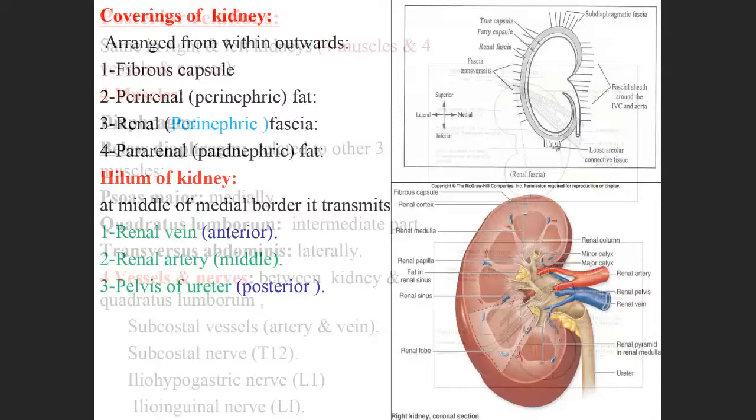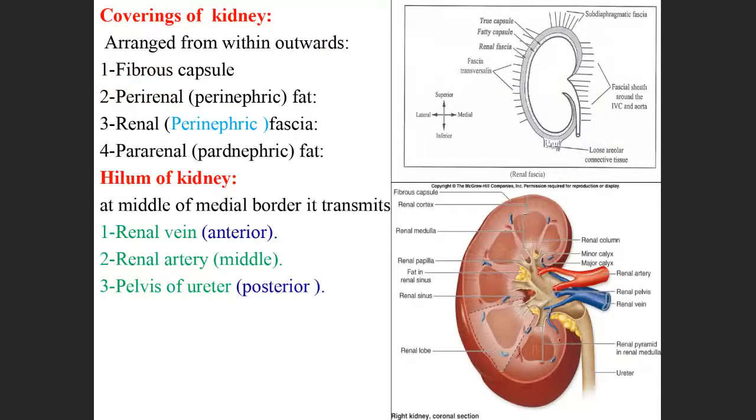Next, what are the coverings of the kidney? The kidney is covered by the fibrous capsule, perinephric or perirenal fat, and renal fascia, also called perinephric fascia, and pararenal fat.